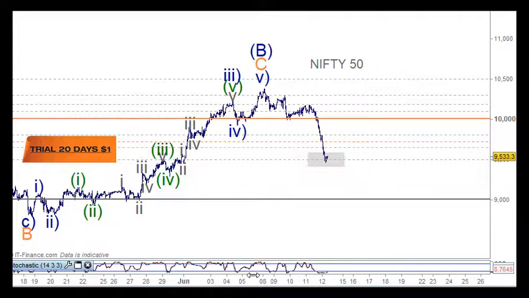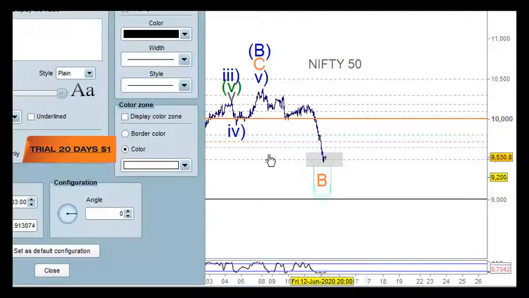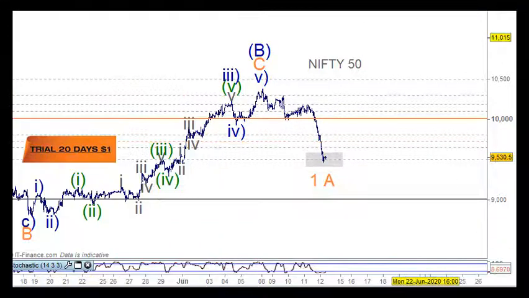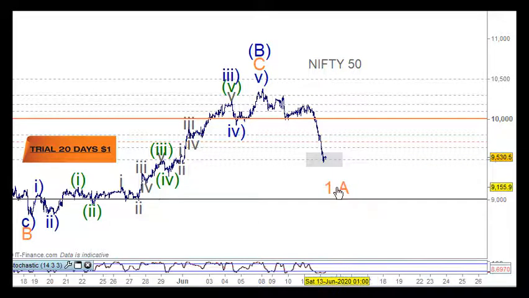On this particular count, because we're tracking 2 counts, we'll label it 2 ways: wave 1 and wave A. Not that it matters that much at this stage.